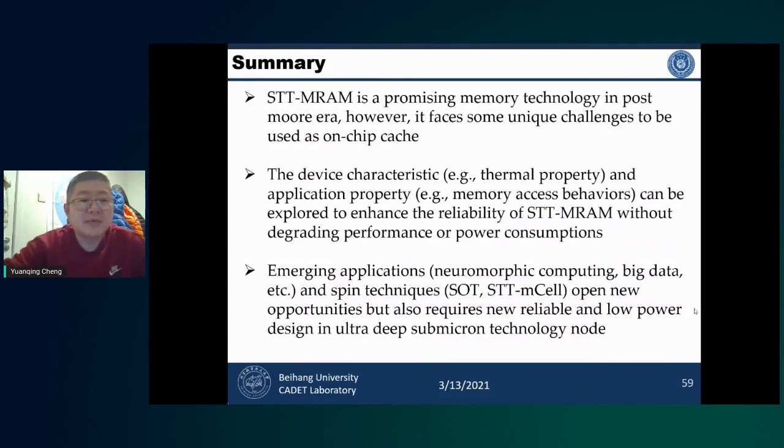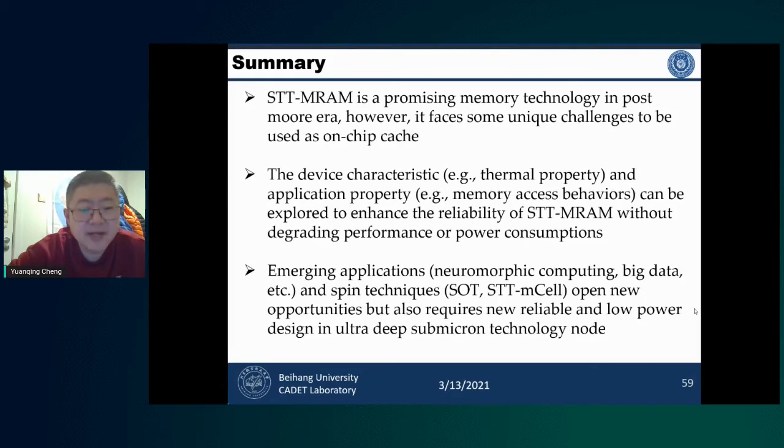So the summary of my talk is that STT-MRAM is a promising memory technology in the post-Moore era, but it also faces some unique challenges. The device characteristics, such as the thermal probability and application probability, can be explored to enhance the reliability of STT-MRAM without degrading the performance or the power consumption.